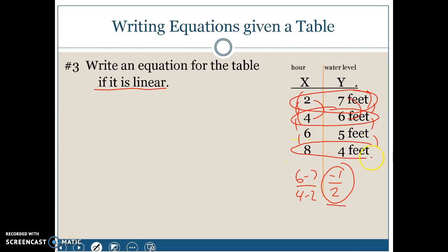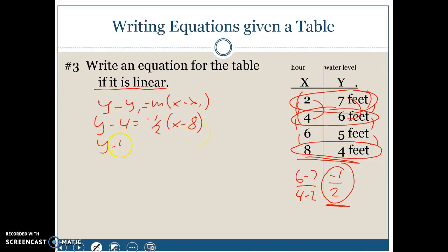Then I'm going to pick one of these points. Let me just pick the last point here. And I'm going to write an equation of a line that has the slope of negative 1/2 that goes through this point. So it's going to be y minus y1 equals the slope times x minus x1. And so my y value is 4. The slope is negative 1/2, and my x value is 8.